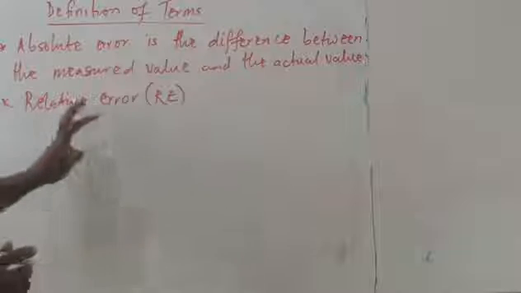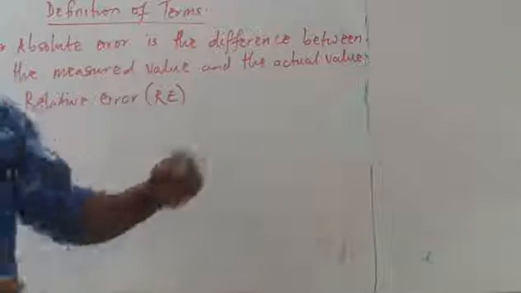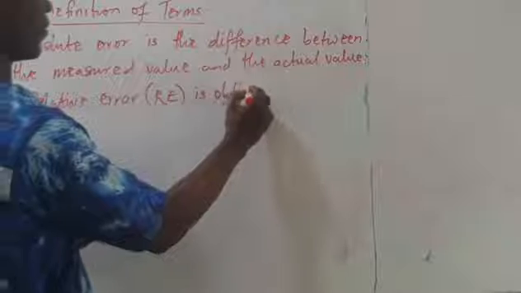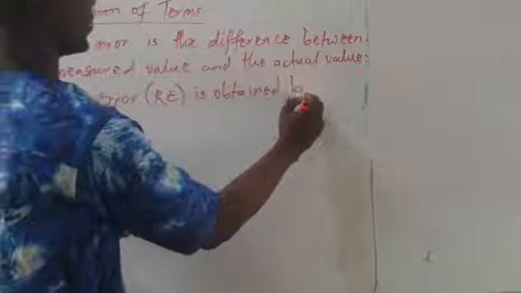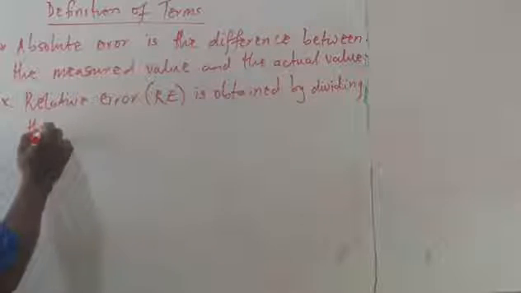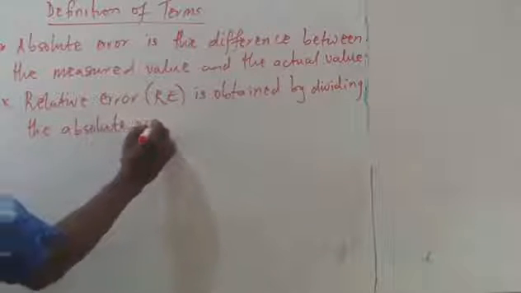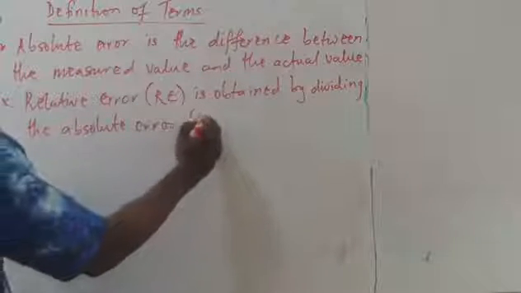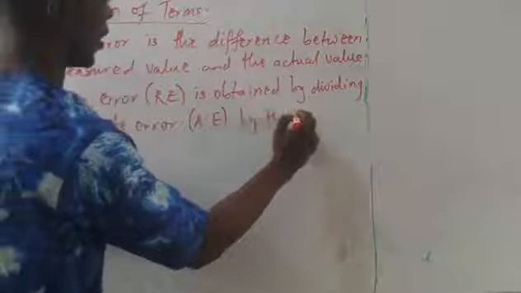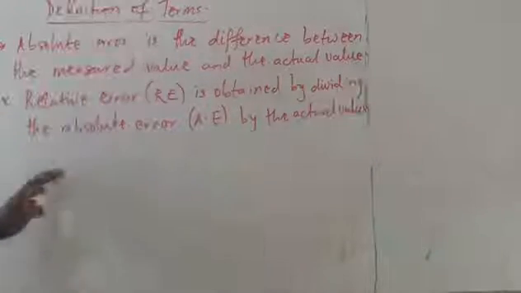So relative error is obtained by dividing the absolute error, and I'm using AE for absolute error, by the actual value.